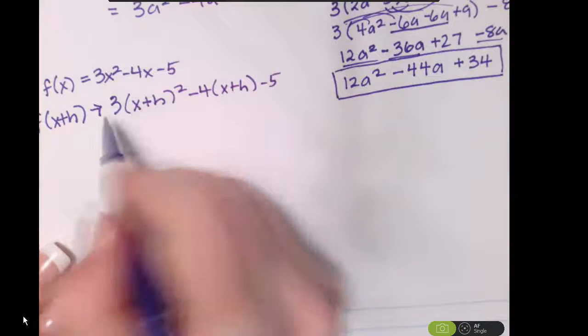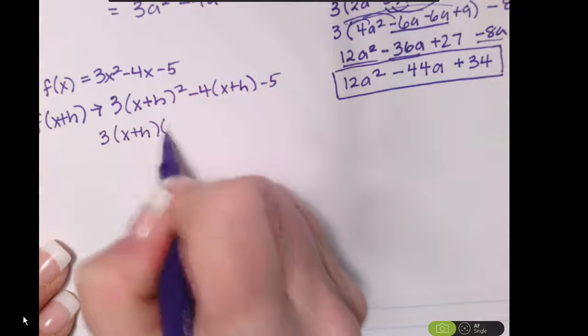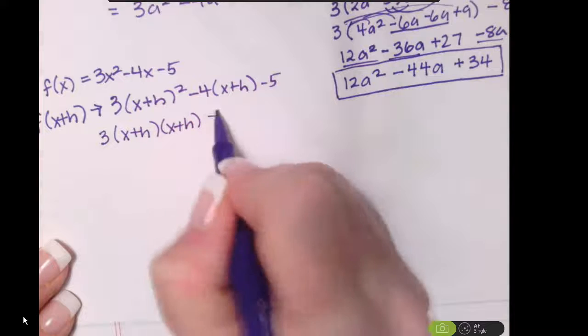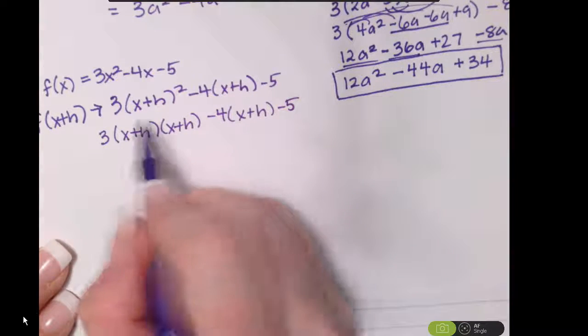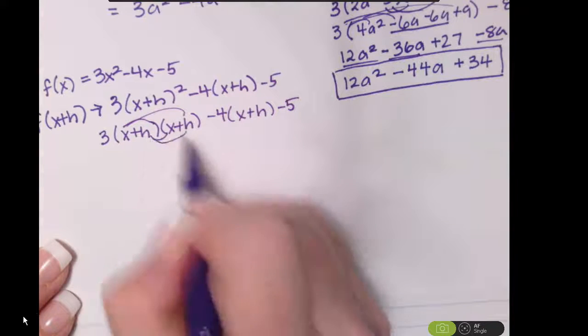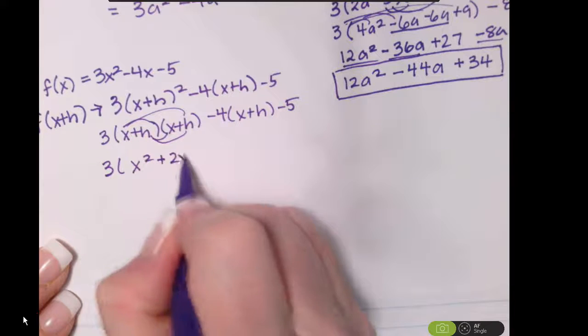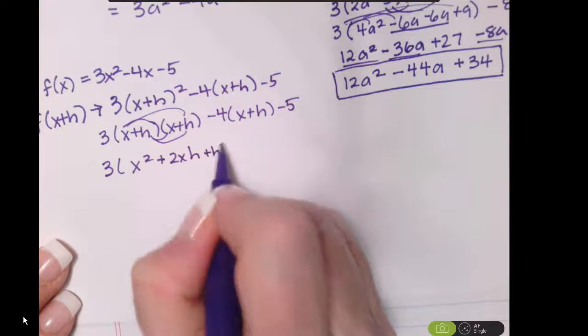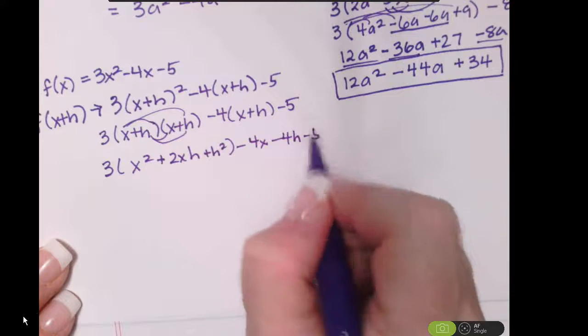And I'm going to expand this out. I'm going to double distribute. And I get 3 times x squared plus 2xh plus h squared minus 4x minus 4h minus 5.